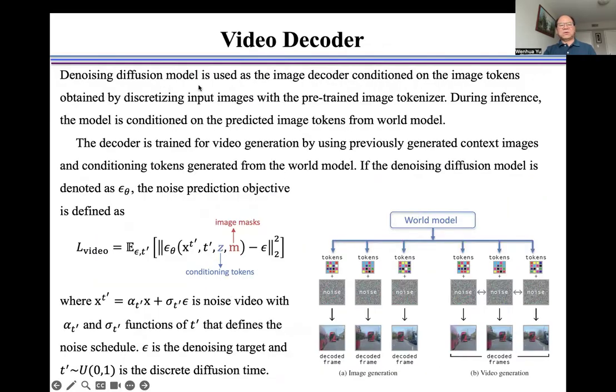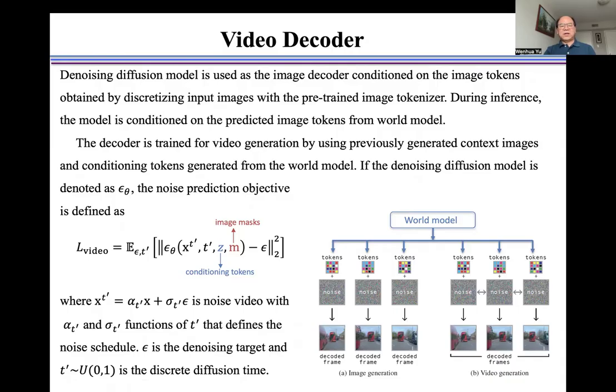A denoising diffusion model is used as the image decoder, conditioned on the image tokens obtained by discretizing input images with the pre-trained image tokenizer. During inference, the model is conditioned on the predicted image tokens from the world model.